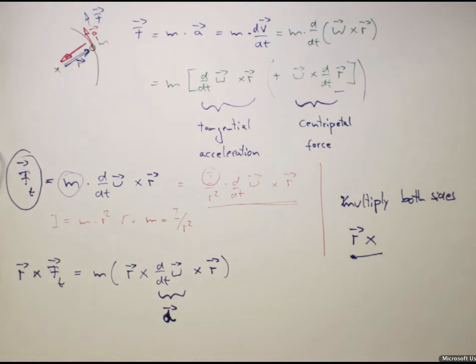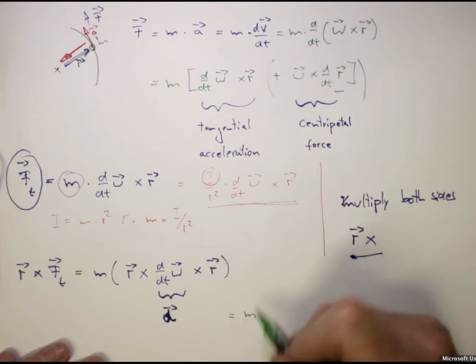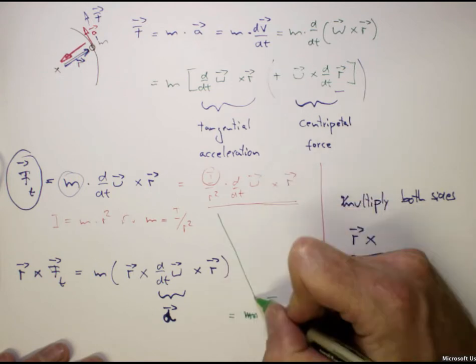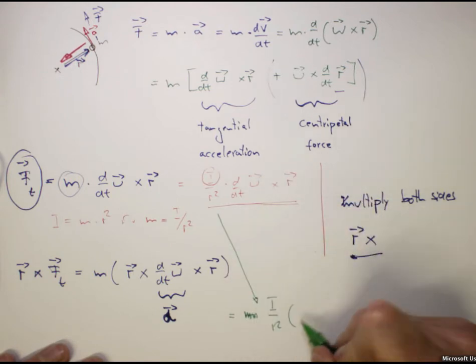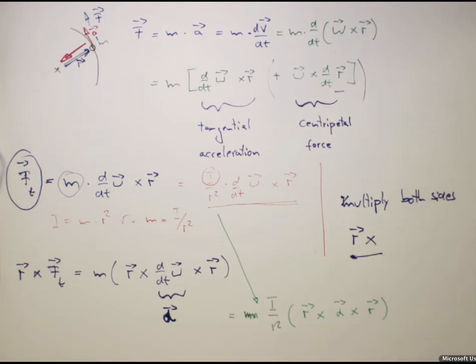Let's rewrite that again, including the alpha. I've already replaced m, so the m should really be I divided by r squared: I divided by r squared times r cross product with rotational acceleration alpha cross product with r.